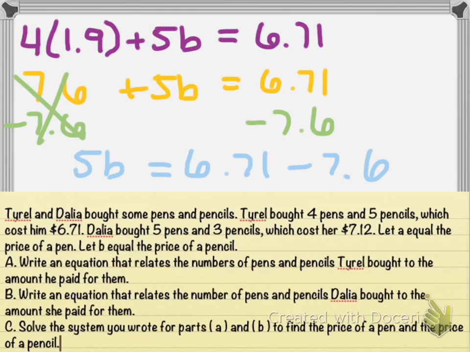Now, you will also start another inverse operation problem. You will subtract 7.6 from 7.6 and cross it out. So it will look like 5B equals 6.71 minus 7.6.